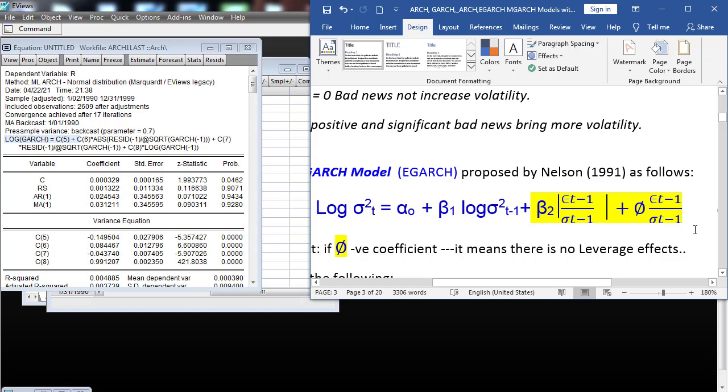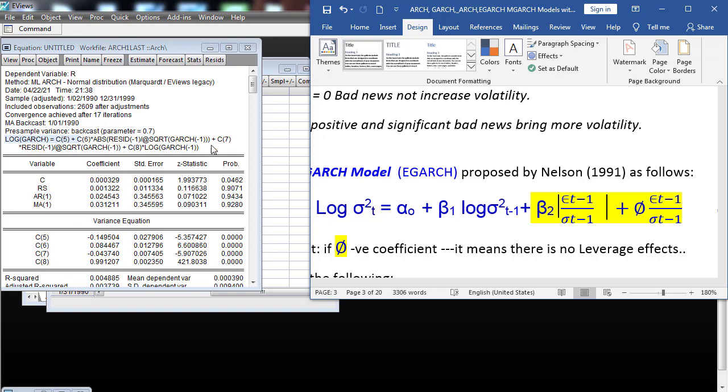Residual lag 1 divided by square GARCH lag 1. And here C8, the GARCH lag 1 square. This is C8 here, lag beta 1, positive, 0.991, statistically significant.